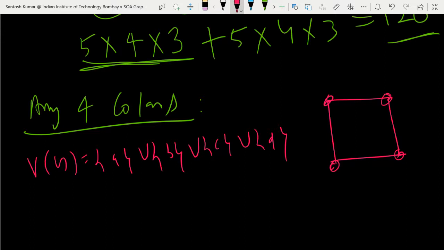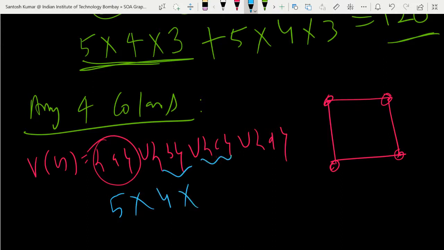There is no other way of partitioning; this is the only way. So you want to color vertex A. How many choices for A? 5 choices. For B you have 4 choices, for C you have 3 choices, for D you have 2 choices. So the total is again 120.